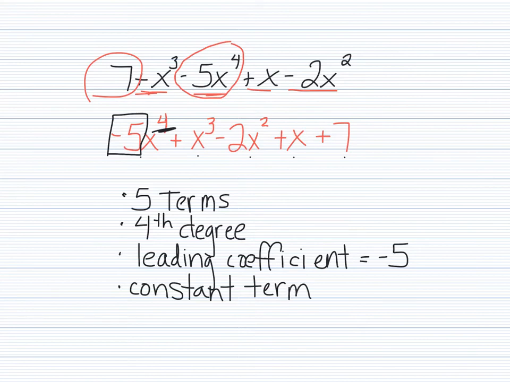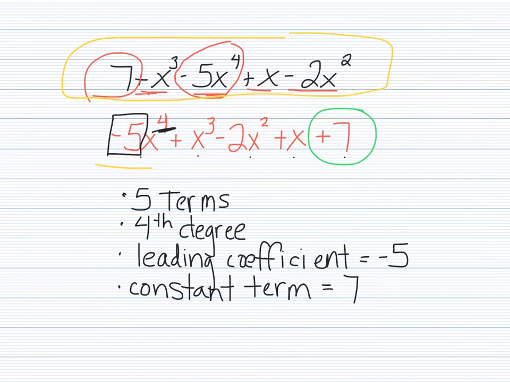The number all by itself, oh, right there, 7. Here we go, so the constant term is 7. But it's really important: notice it was much harder to gather that information when it looked like this. That's why we want standard form.